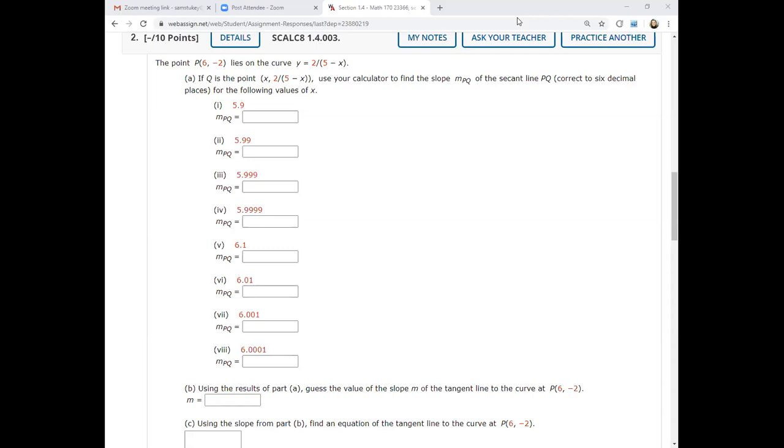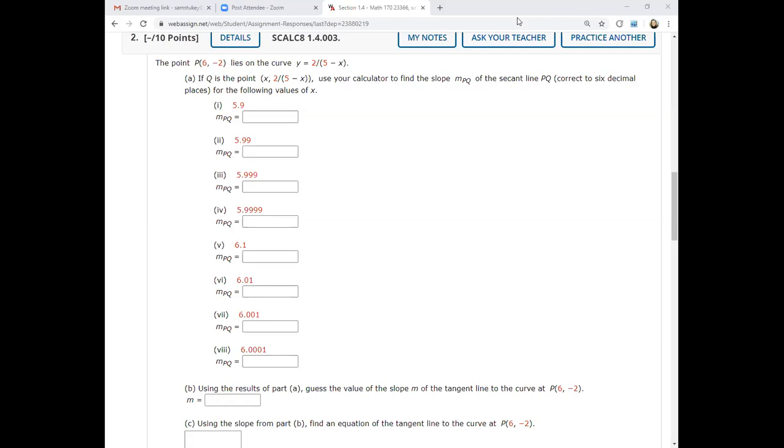And then the bottom part, I'm going to go ahead and FOIL. You don't have to, but the terms might cancel. Let's see.